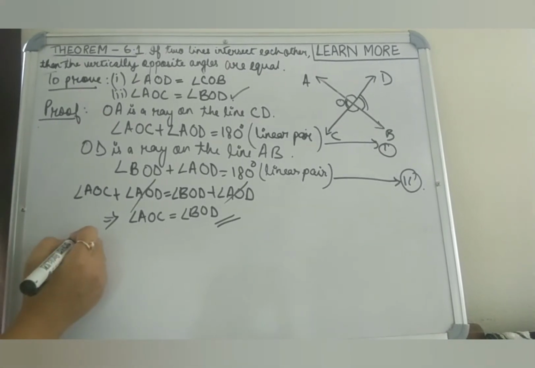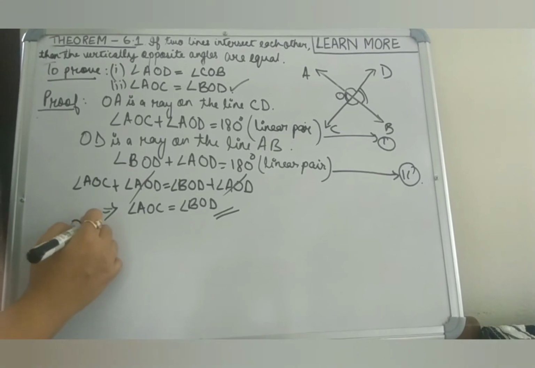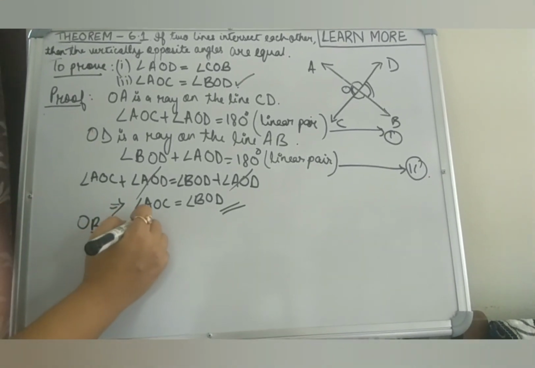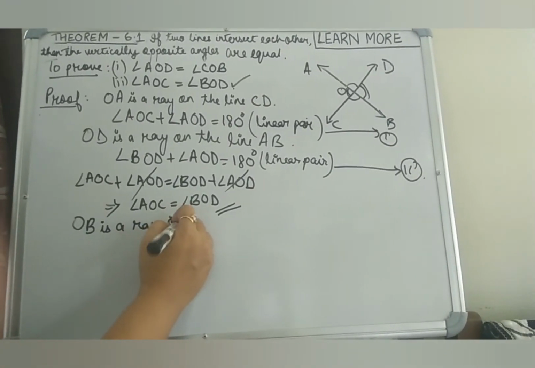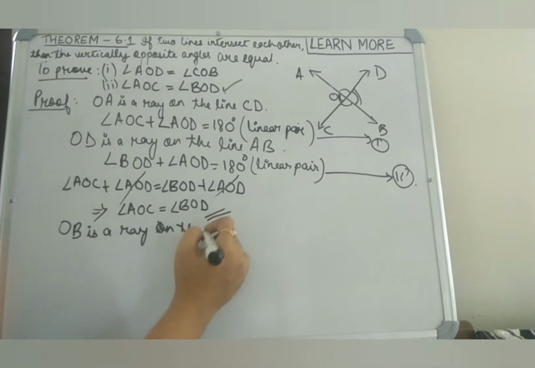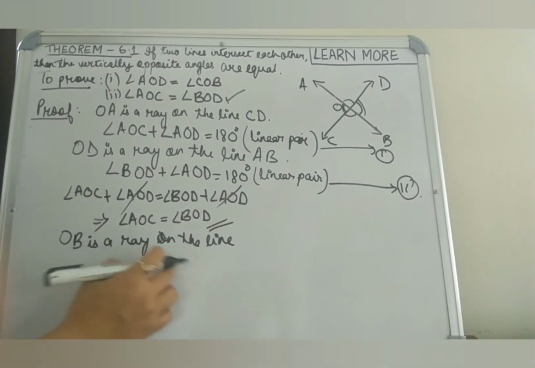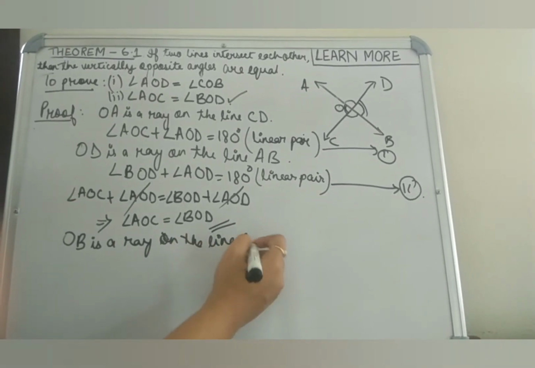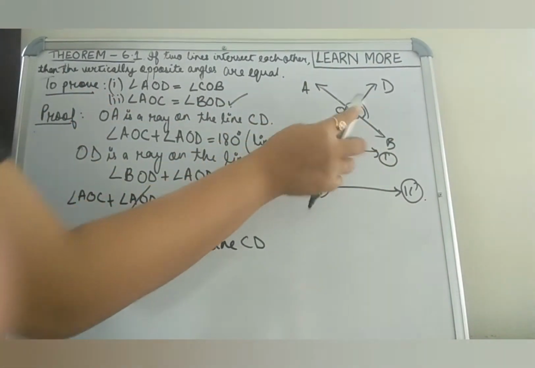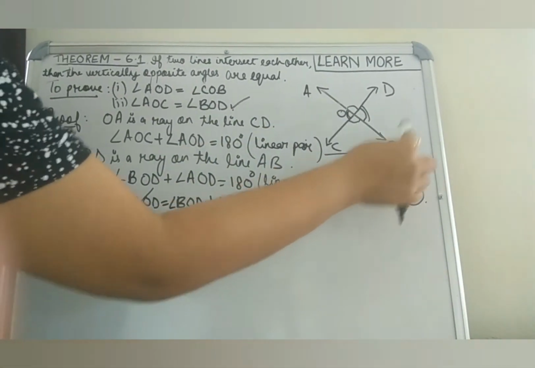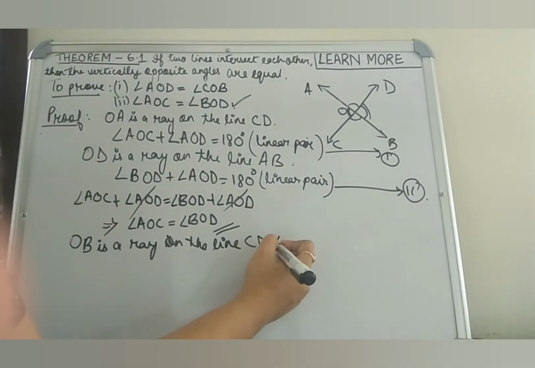If we take OB as a ray on the line CD, then we get angle COB plus angle BOD will be equal to 180 degrees.